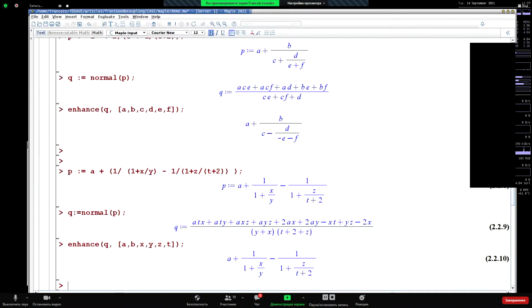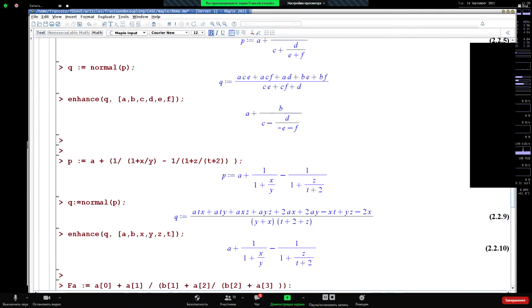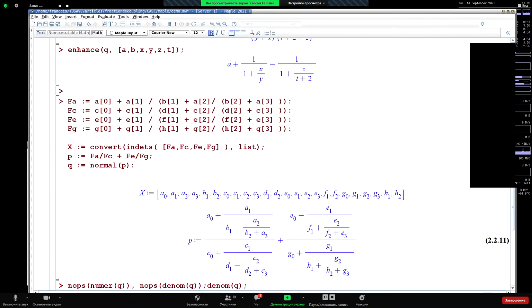Let's see some fractions a bit more complicated with nested terms. So it also works. And you might notice that here it's exactly the original form. And a last one, which is a bit more complicated. So you have a fraction here with many nested terms, the sum of quotients of continued fractions.